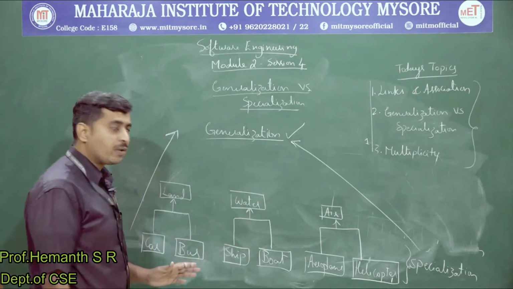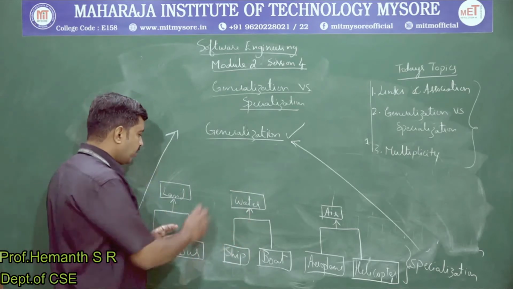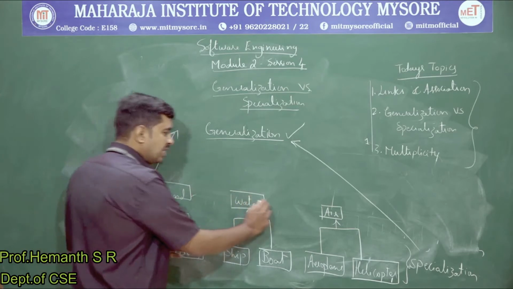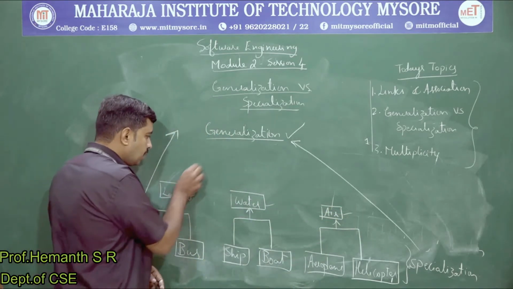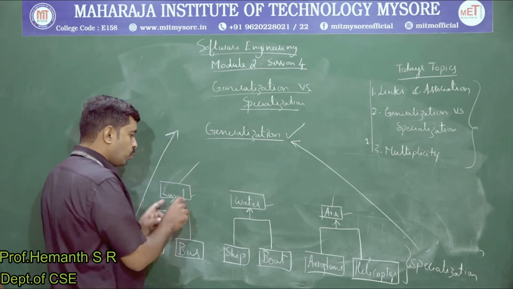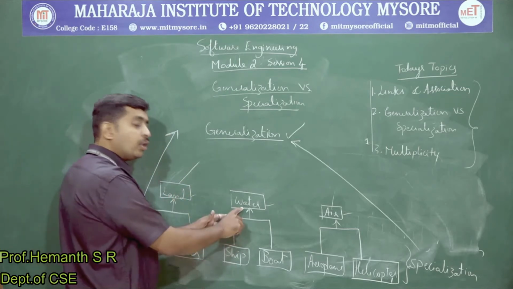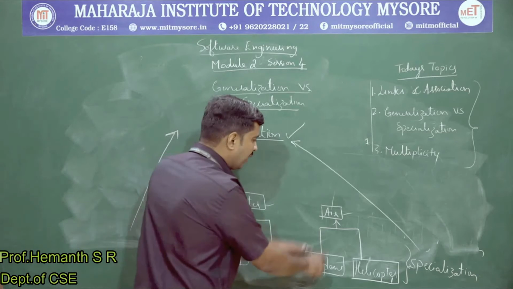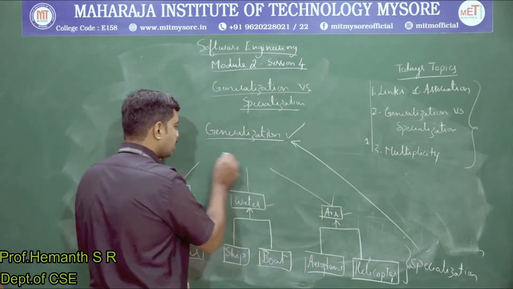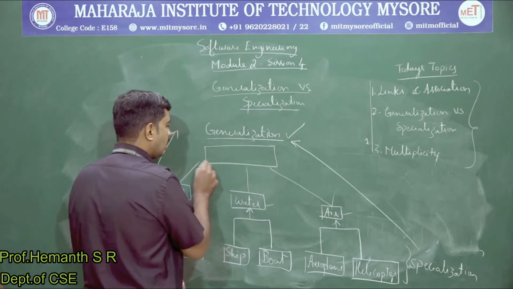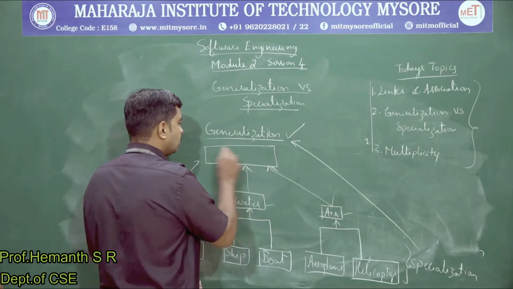Definitely we can do it. There is something that is common between all these three levels. What is it? A car which is moving on land, a ship which is moving in water, and an aeroplane propagating in air. All are vehicles.